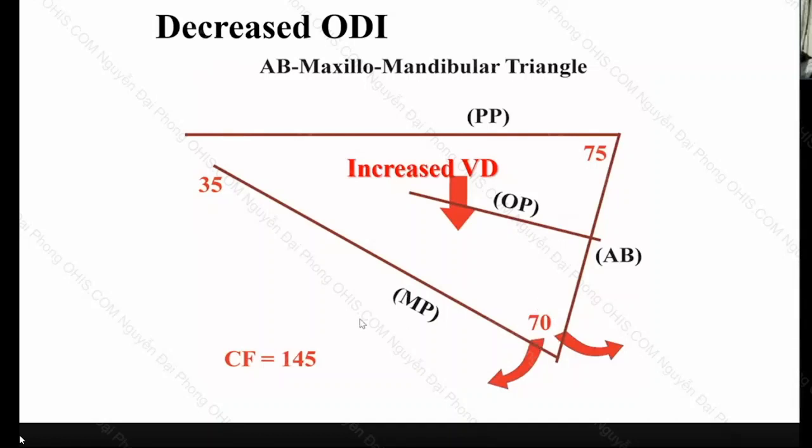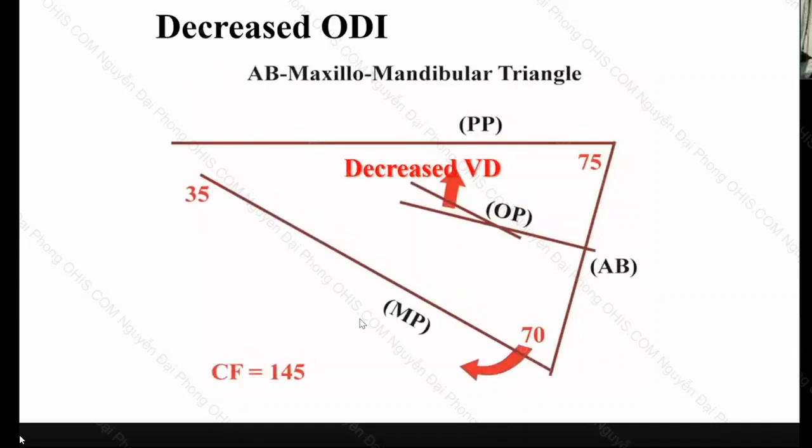But there is another type, especially the class 2 open bite case. They showed not enough molar area vertical dimension.